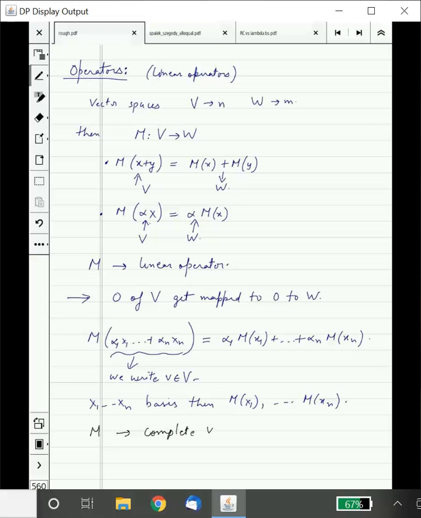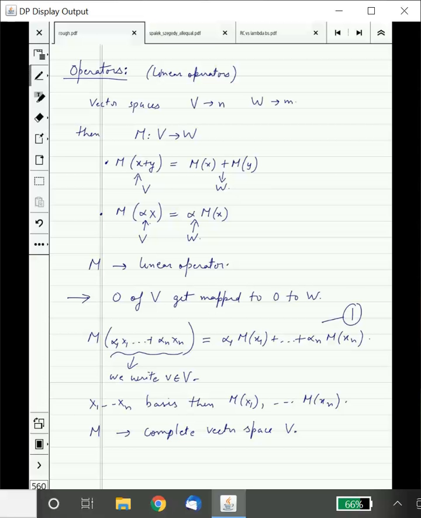I want to re-emphasize this. It's a very important point. Because of equation 1 as done above, you notice that if x1 to xn was a basis, it is enough to know how M acts on the basis. If I know the value of M of x1, M of x2, M of xn and so on, then give me any vector in the vector space V. If it is represented as alpha 1 x1, alpha 2 x2 up to alpha n xn, we know that any vector can be written like this.